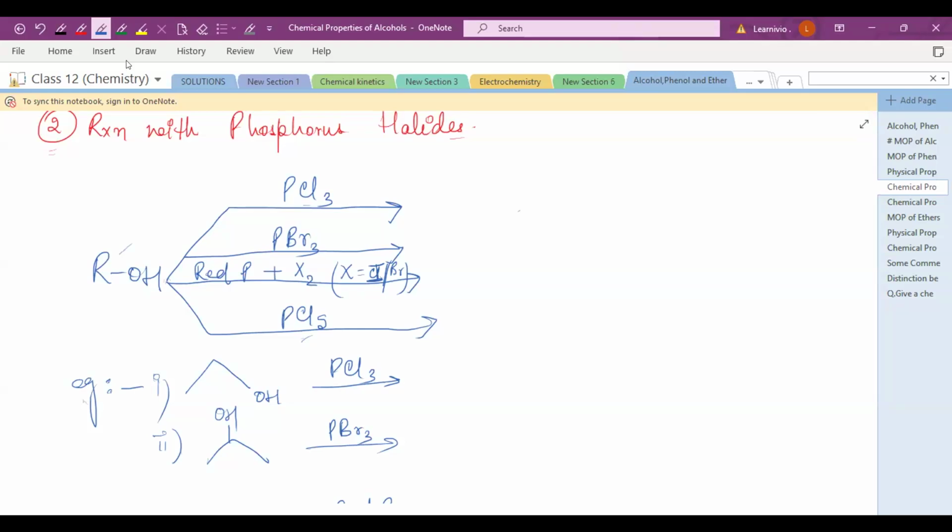With PCl3, what will be the product? Afrina, Jovita, anyone? Very simple. ROH? Yes, Afrina?